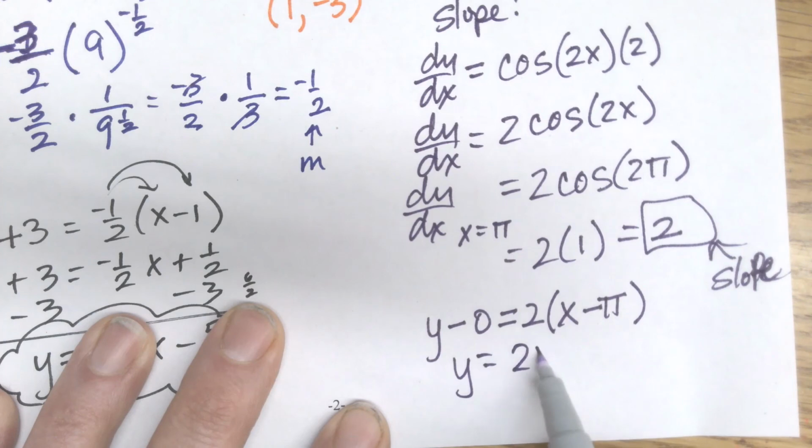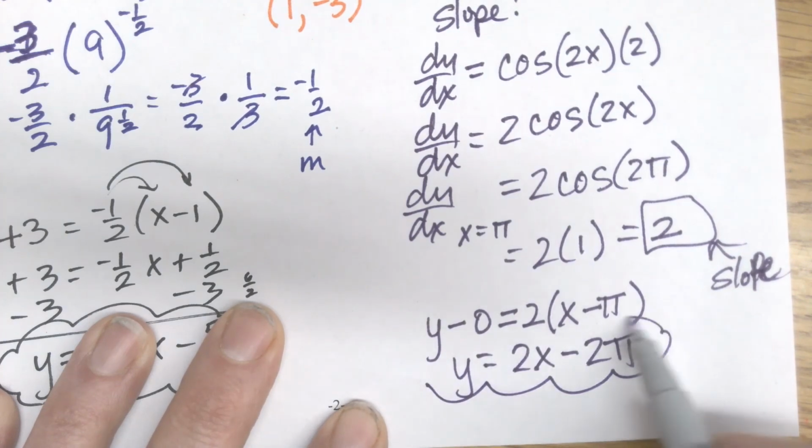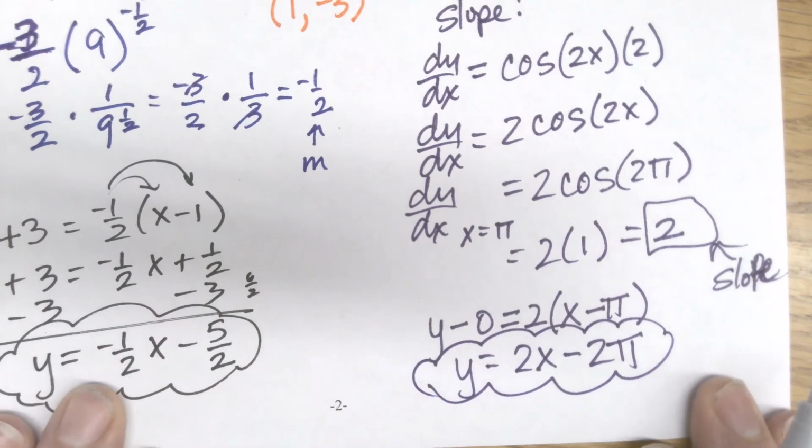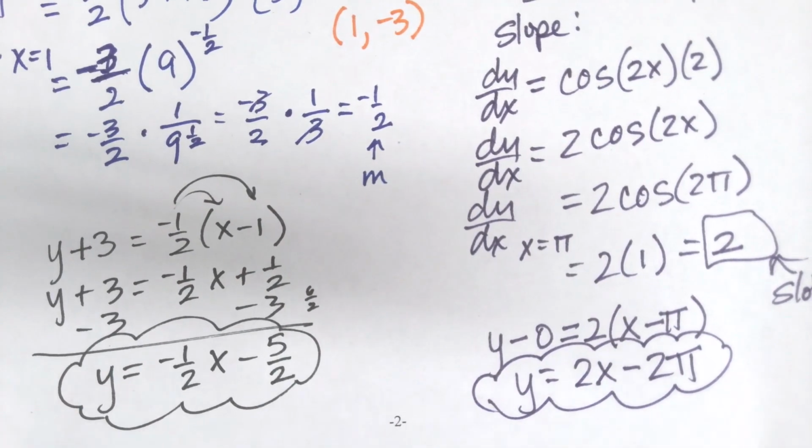Y equals 2x minus 2 pi, and now I'm in slope-intercept form. All right? So it's just using the derivatives and then doing some evaluating. As always, if you have any questions, ask, but your job is to do 10-3 homework, evens or odds.